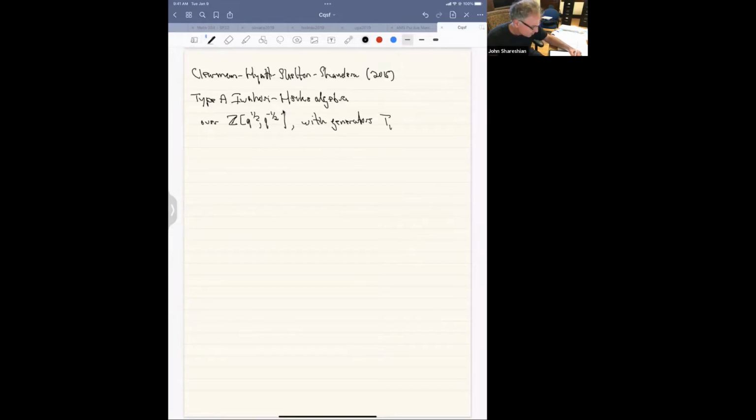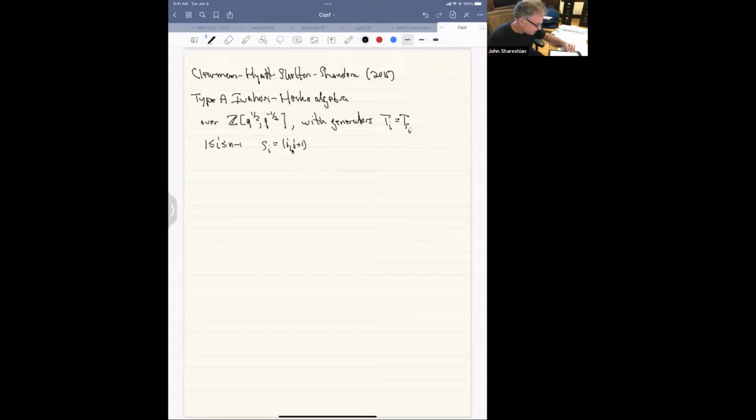Well, I'll call them T_i or T_{s_i}, where 1 ≤ i ≤ n-1. And in fact, s_i is an element of the symmetric group. It's the transposition (i, i+1). So you have one generator for each adjacent transposition.